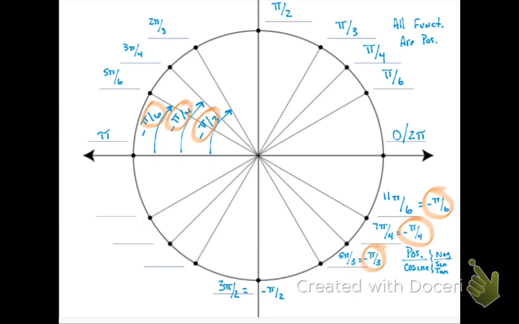Now, one thing that we've got to make sure of is, depending on which function we're talking about, just like we did down in quadrant 4, what's positive in quadrant 2? Sine's going to be positive. So that means, as far as negative, we're going to have cosine and tangent.